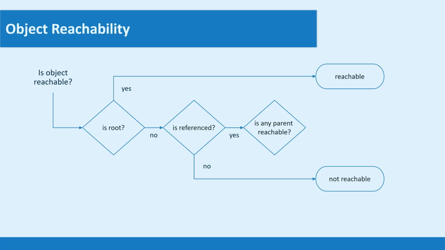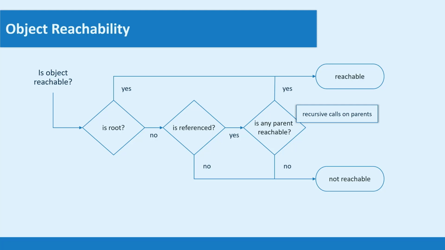In other words, we need to run the same algorithm on each object that references that specific object that we are interested in. And this means that we execute this algorithm recursively on all the parents. And if we determine that even one parent is reachable, then this object is reachable. But if no parent is reachable, then this object is not reachable.